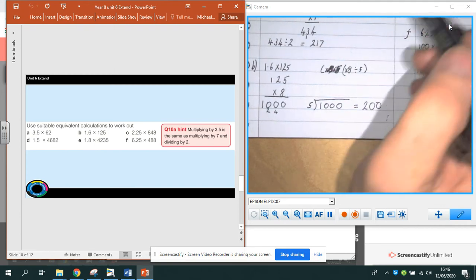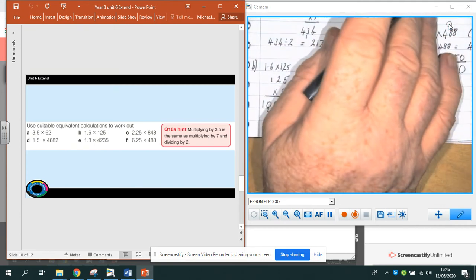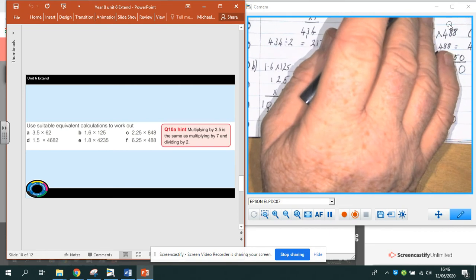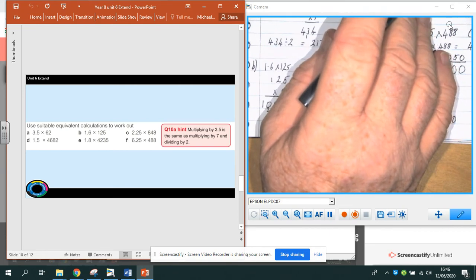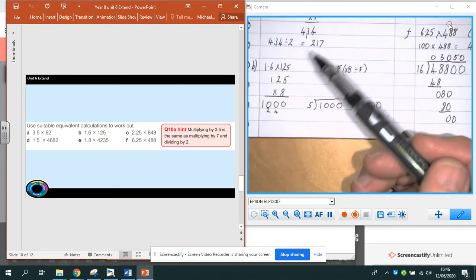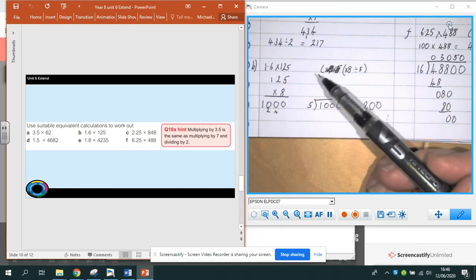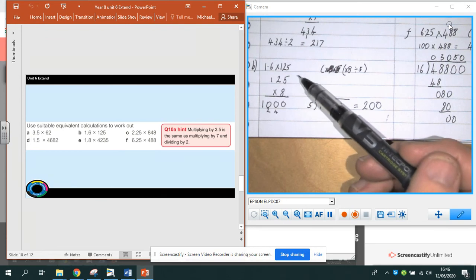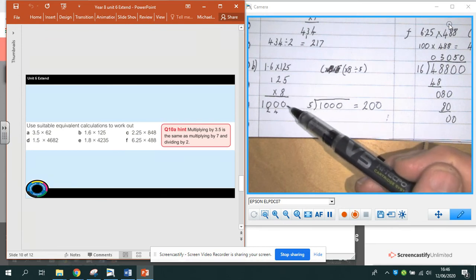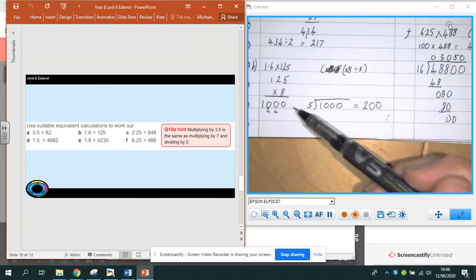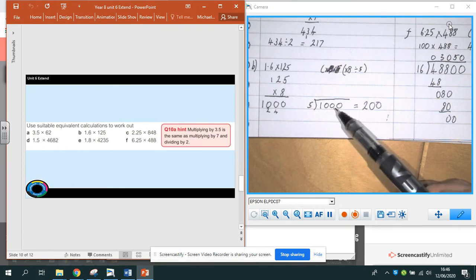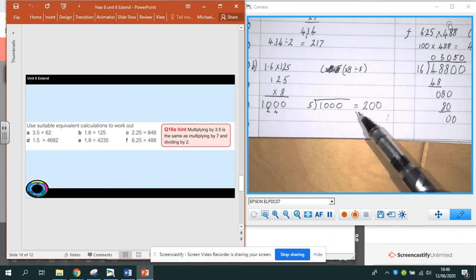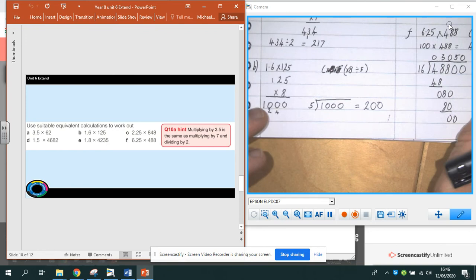Well, in my previous question, I saw that 8 divided by 5 gives me 1.6. So I am going to multiply by 8, then divide by 5. So 125 times 8 is 1,000. 1,000 divided by 5 is 200. So that's worked that one out.